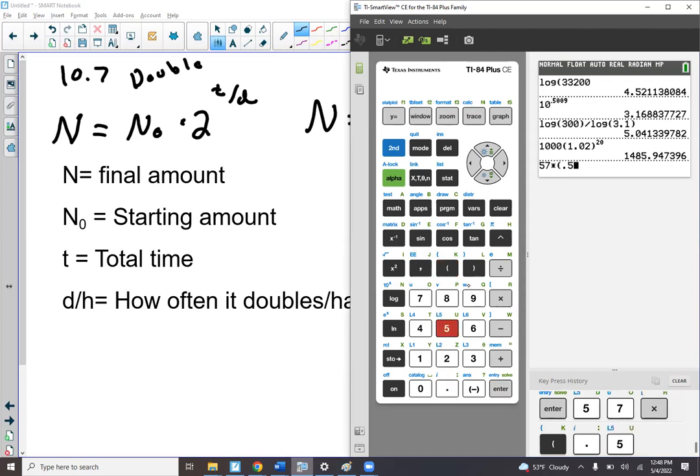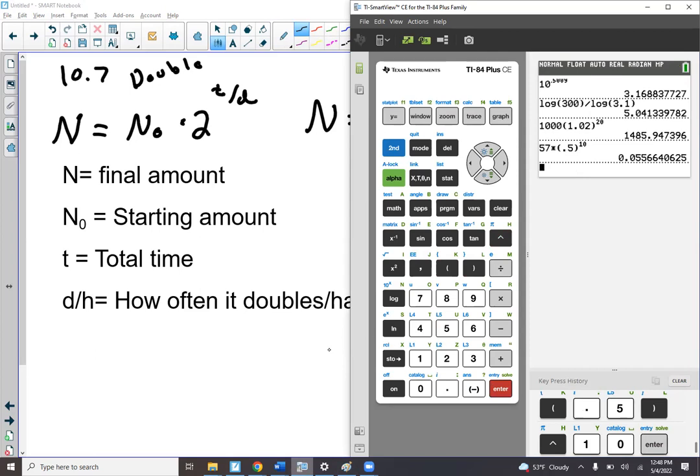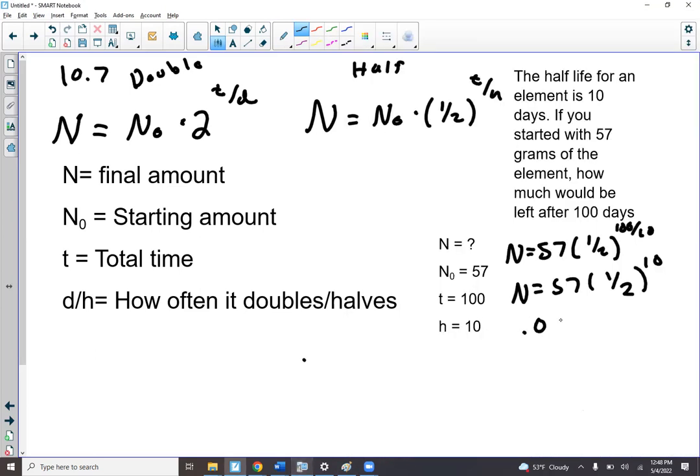You could put 1 divided by 2, but 0.5 works also. To the power of 10. Let's go 2 significant digits. So 0.056 grams. And we need units. Since this is a word problem, we would need a unit.